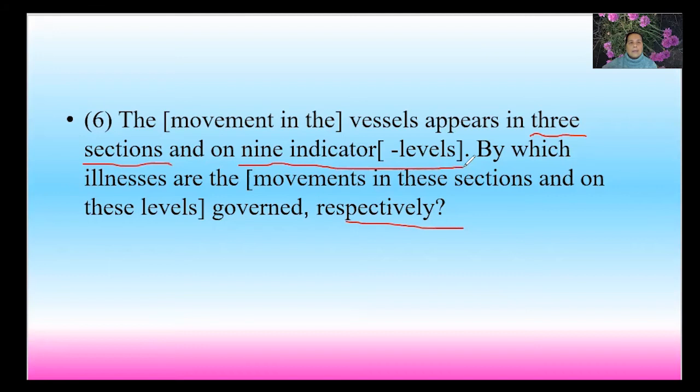Then they ask about the relationship between illness and the pulse in different sections and different levels. What kind of relationship? The 3 sections we know already. What do 9 levels mean?